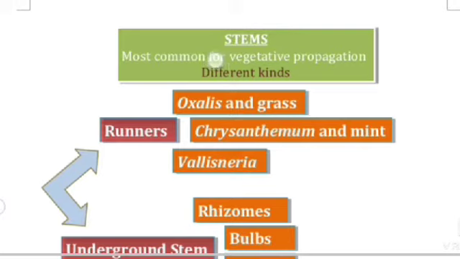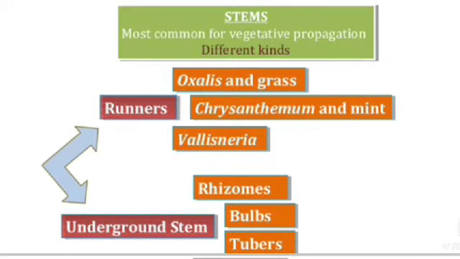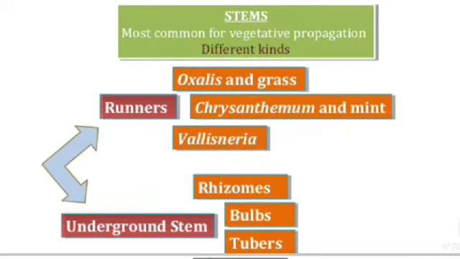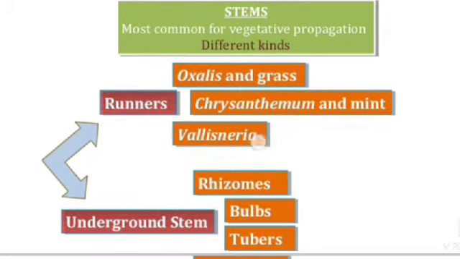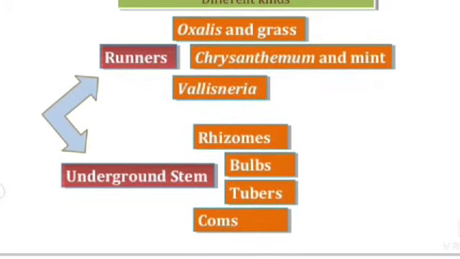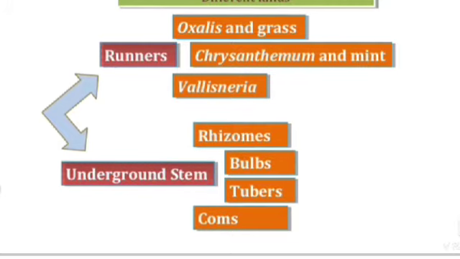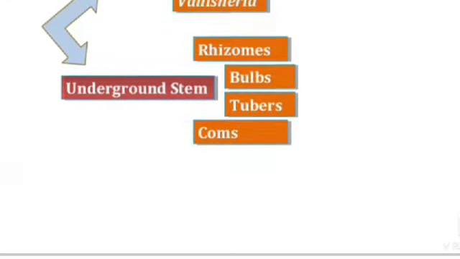The most common kinds for vegetative propagation are different. Runners, underground stems. Oxalis and grasses, chrysanthemum and mint, Vallisneria. Runners, underground stems, rhizomes, bulbs, tubers, cones.